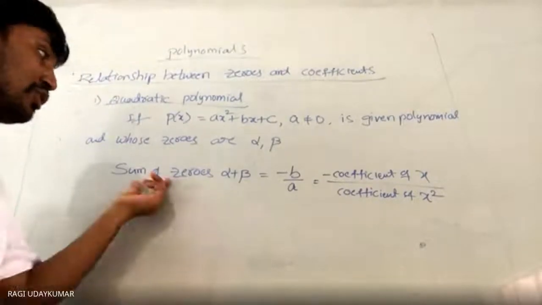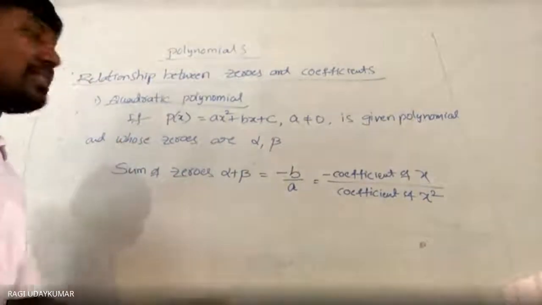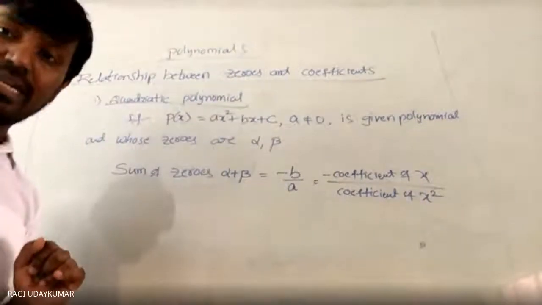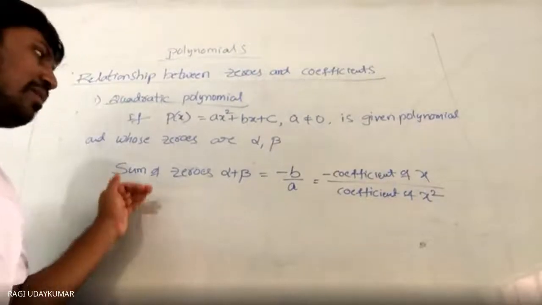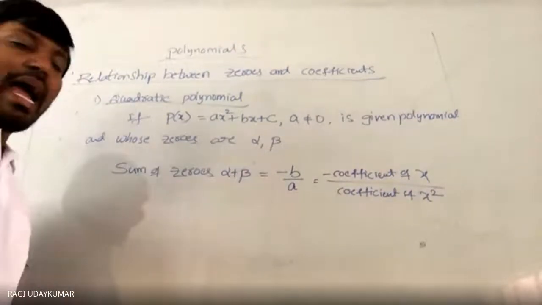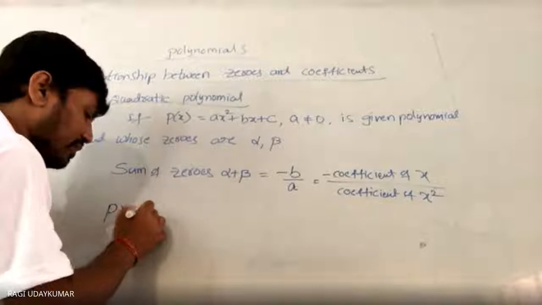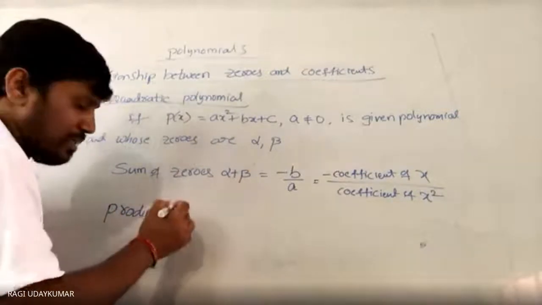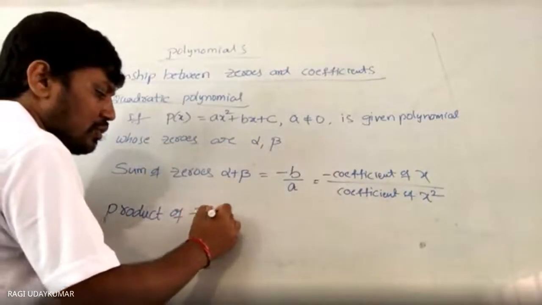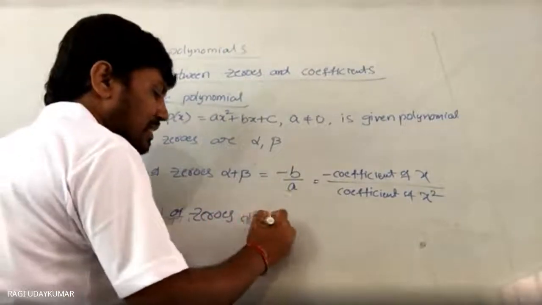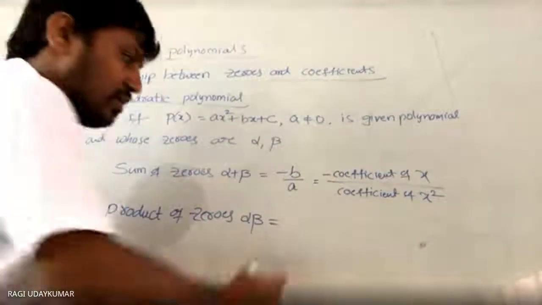So you can write the sum of the zeros of any polynomial; this is a general form. And the product of the zeros of the polynomial is represented by alpha into beta, which is c by a.